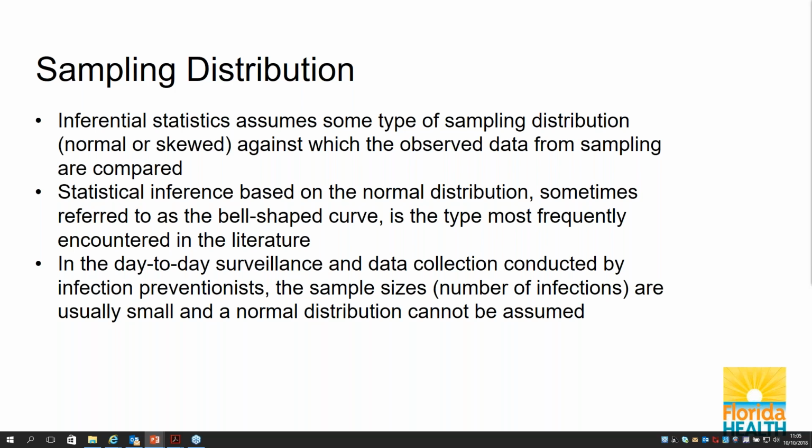So if your sample size is small, you can't really assume a normal distribution. And that's going to come into play when you're deciding what kind of statistical tests you're going to utilize. But just remember that with a smaller sample size, you can't assume a normal distribution. As the sample size gets larger, you can assume a normal distribution.